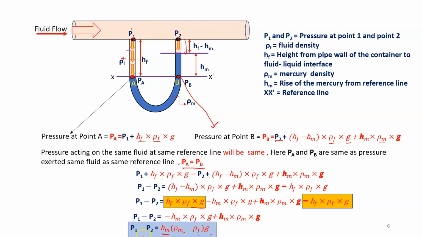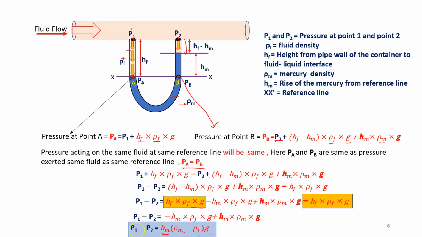So remember, P1 minus P2 is equal to hm, the height difference of the manometric liquid, and then the density difference between the manometric liquid and the fluid which is flowing inside the pipe, that difference, into g. Okay, so that will be the pressure difference between the 2 points.